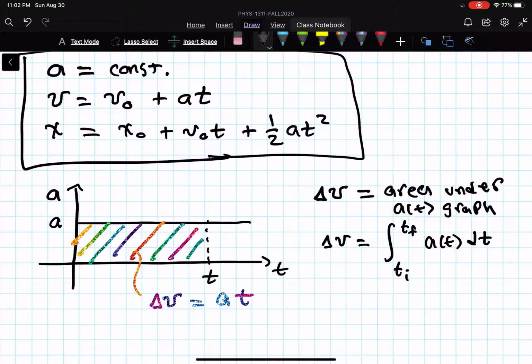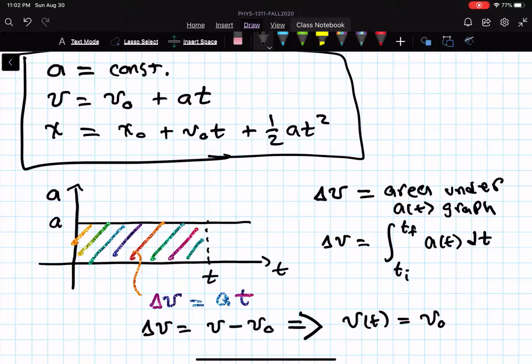Well, delta v, by definition, is v minus v0, the final velocity minus my initial velocity. And so that implies that v of t is equal to v0 plus at.